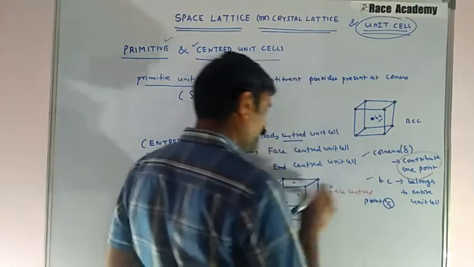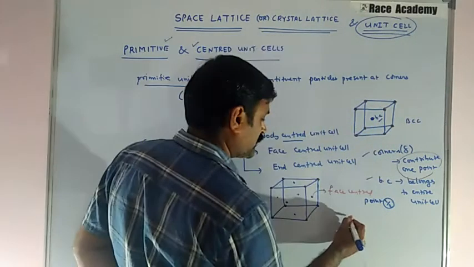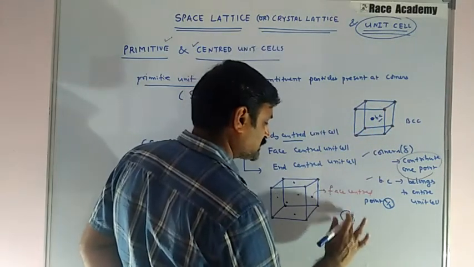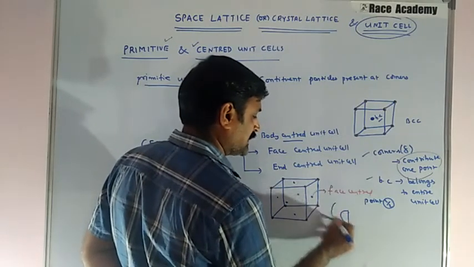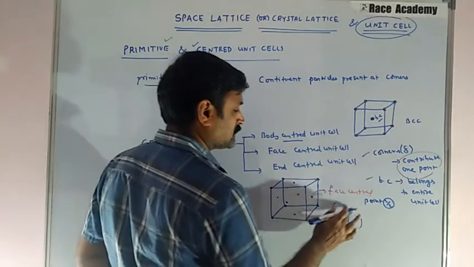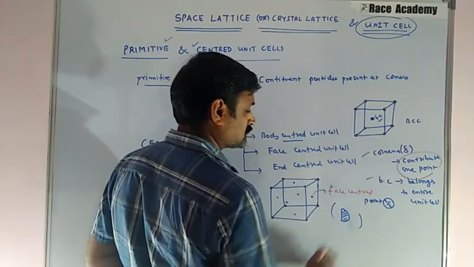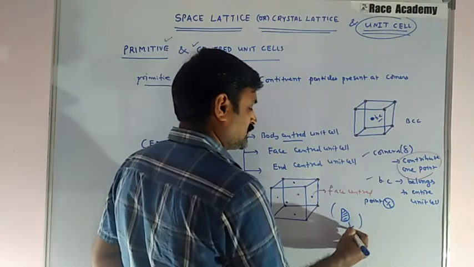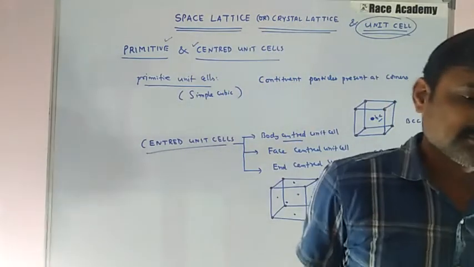Actually, it will contribute towards the unit cell as 1/2 only. For example, if you take a sphere like this, only half of that portion is present here. So this is half of the portion present on the face.